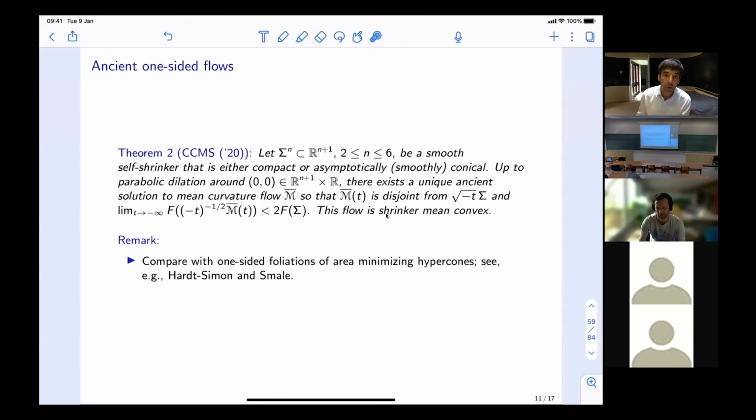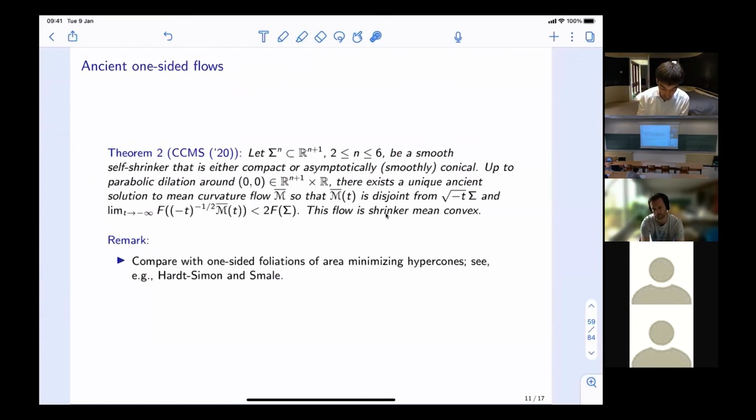Then they argue that you can perturb them away. And what they use exactly is one-sided foliations of area minimizing hypercones. This is their central tool. So more or less what we have here is the parabolic analog. There they are smooth. Here we don't get smoothness, we just get that it has generic singularities.